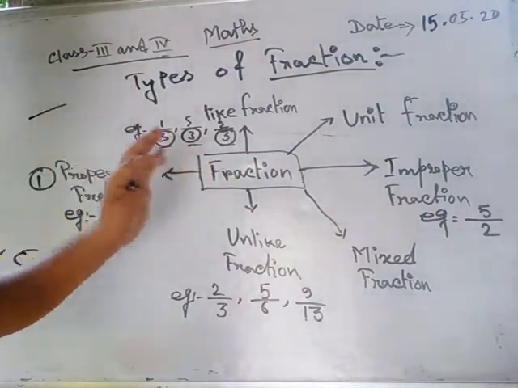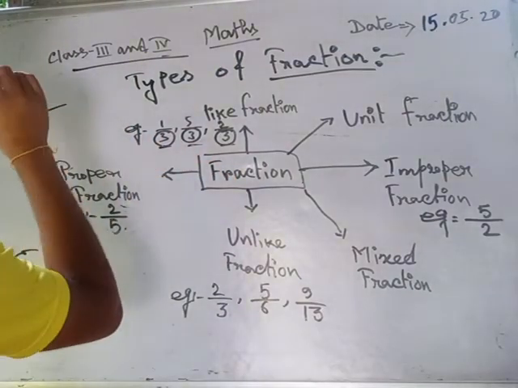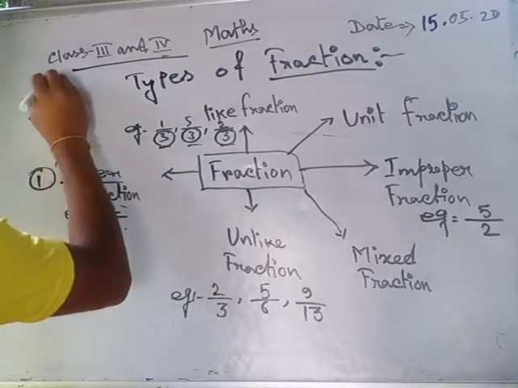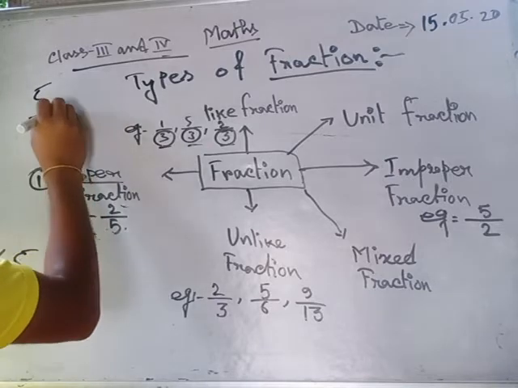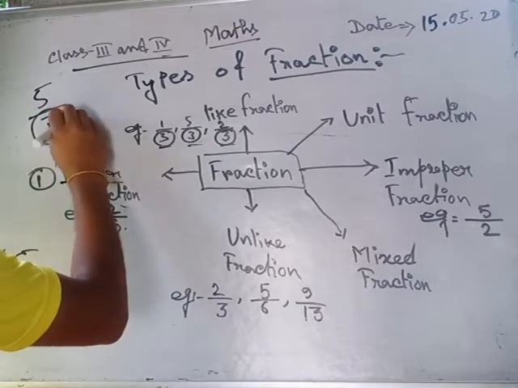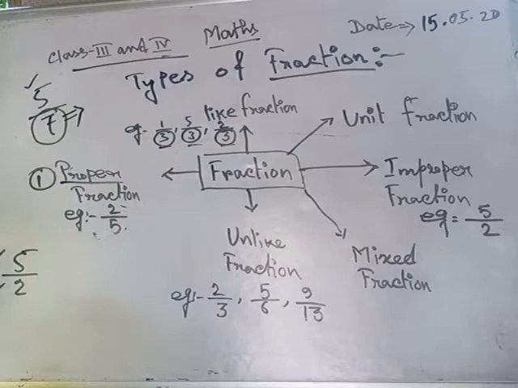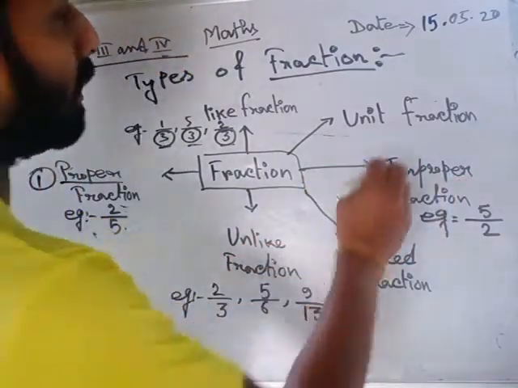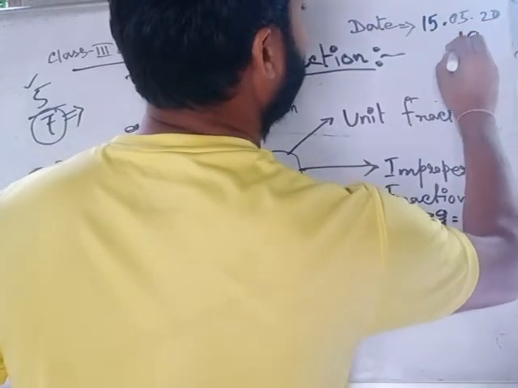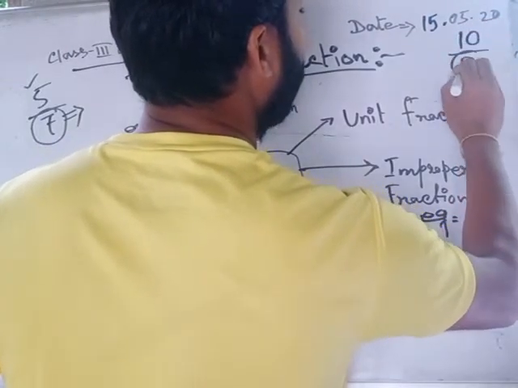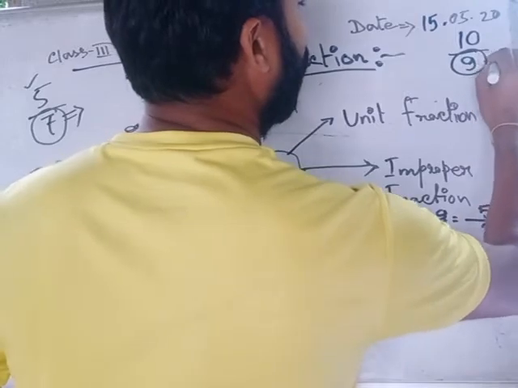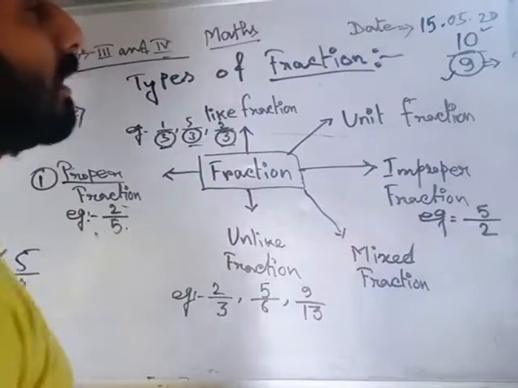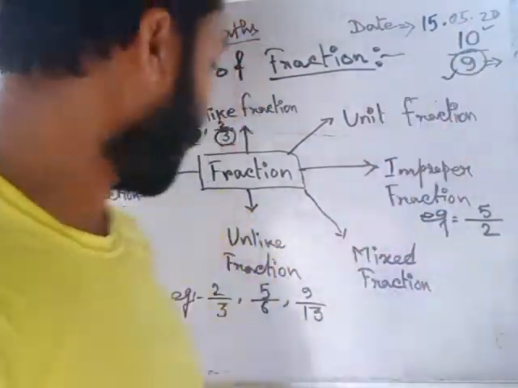If it is a proper fraction, like 5/7, the denominator is greater than the numerator. When it is an improper fraction, the denominator is less than the numerator.